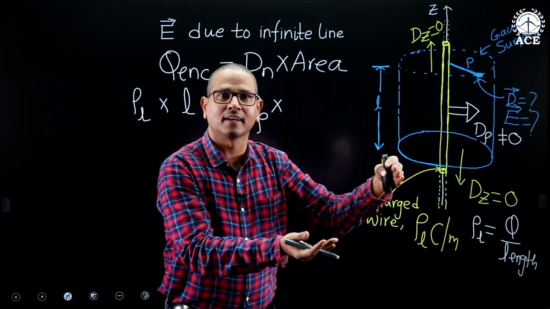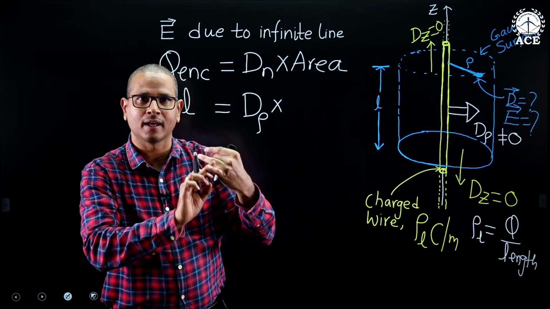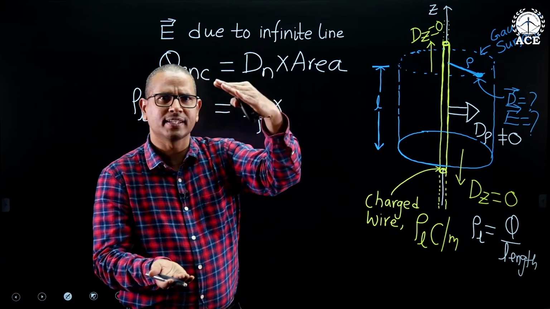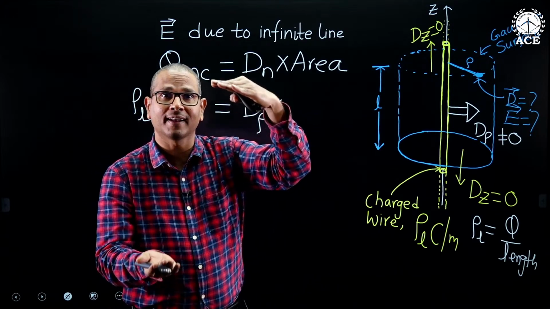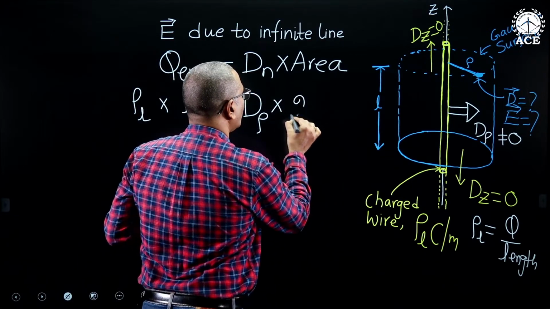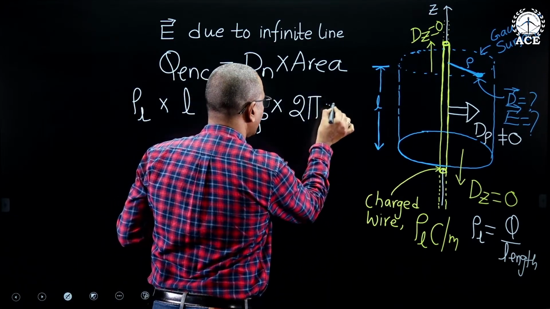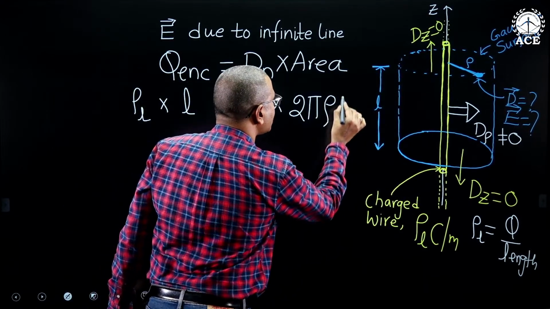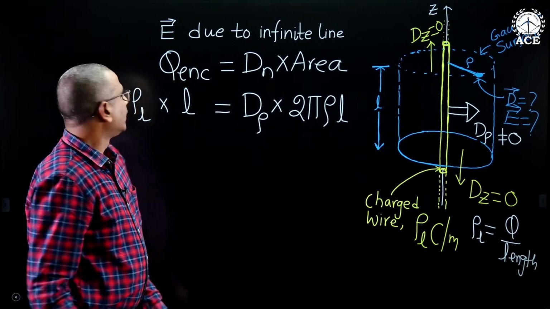What is the area of the cylinder? We have a cylinder of radius r, height of the cylinder is h. Then the area of the cylinder is 2 pi r h. The volume is pi r square h. What is r here? Rho. What is the length or height of the cylinder? L. That's all.